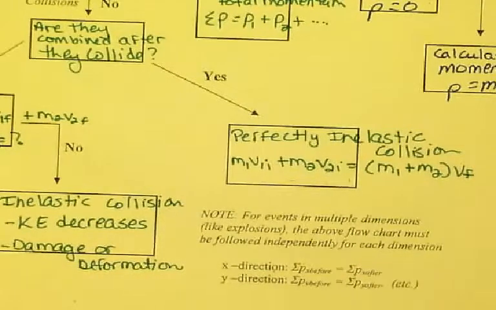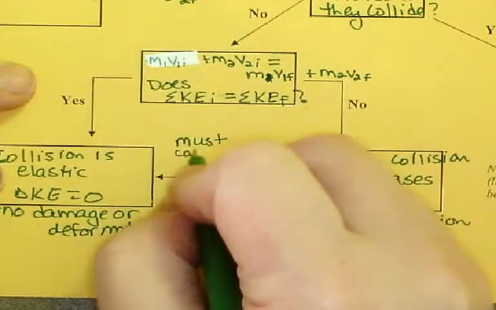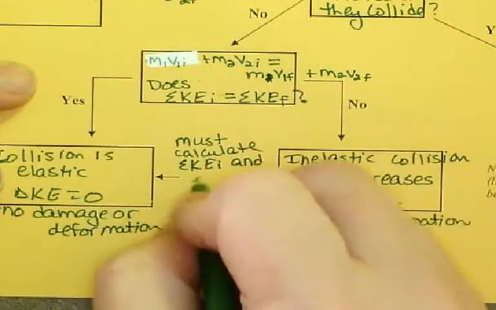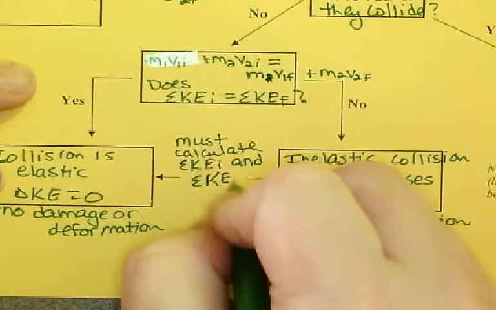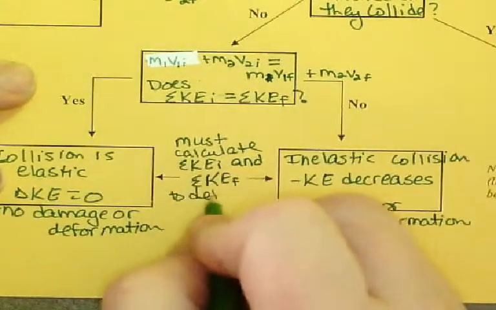All right, we need to fill in one final piece over here in between these. I forgot to have you write that, okay? You must calculate the kinetic energy. The initial total kinetic energy and the final total kinetic energy to determine whether it's elastic or inelastic.